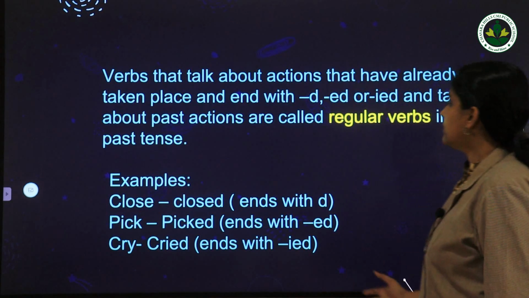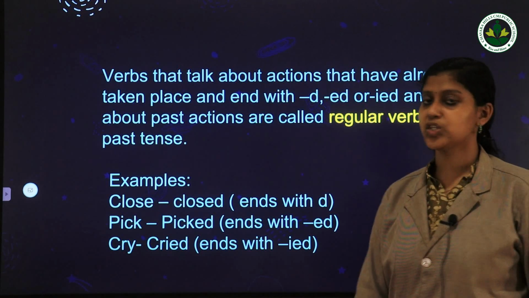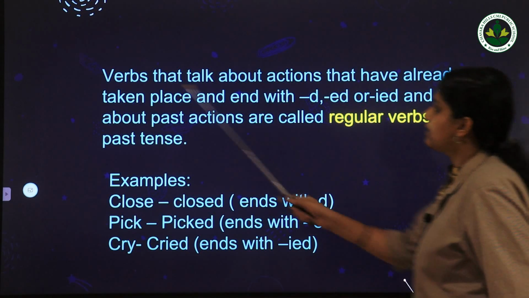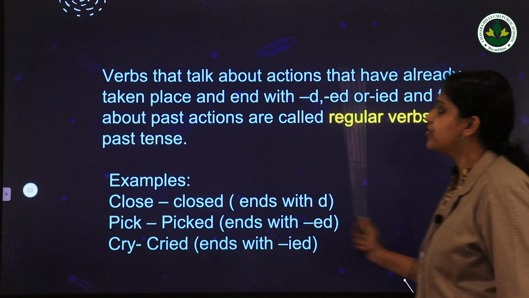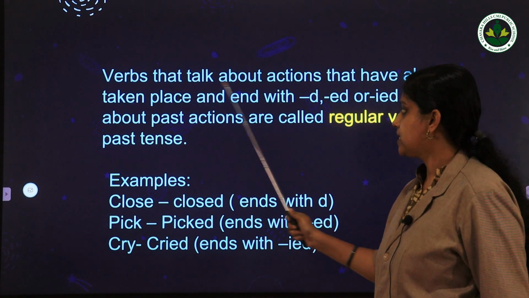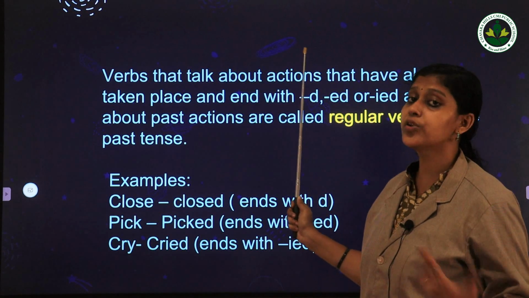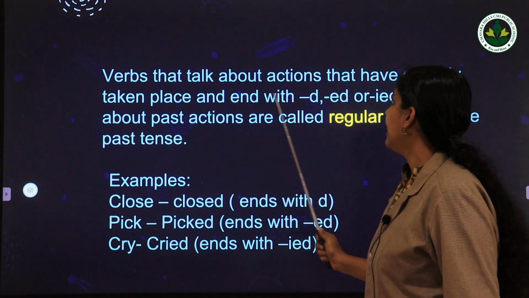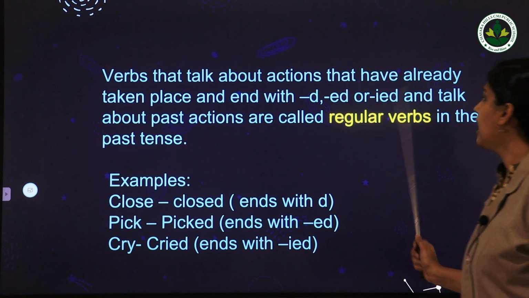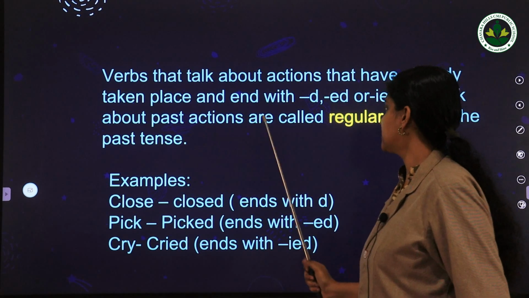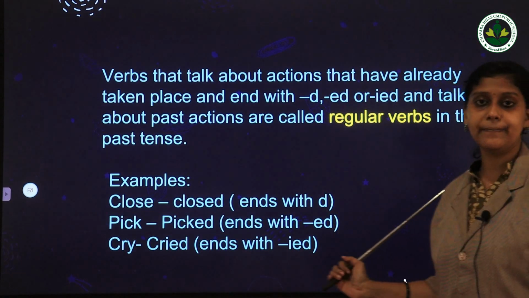Now we are going to see the definition of regular verbs in the past tense. Verbs that talk about actions that have already taken place and end with d, ed or ied, and talk about past actions, are called regular verbs in the past tense.